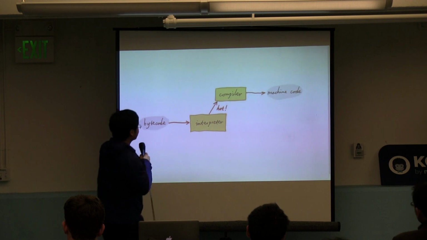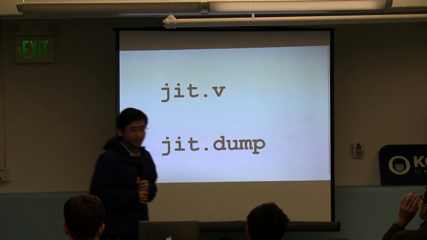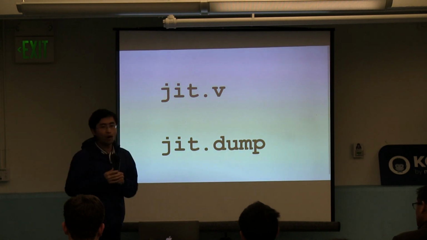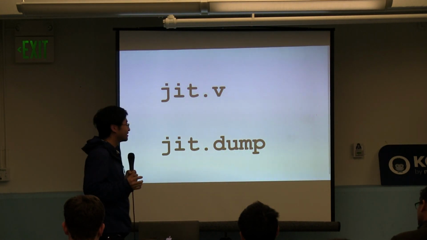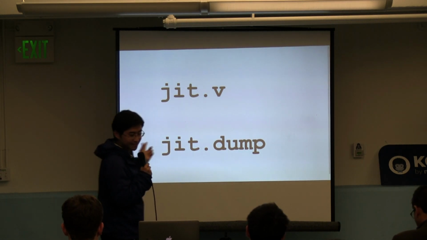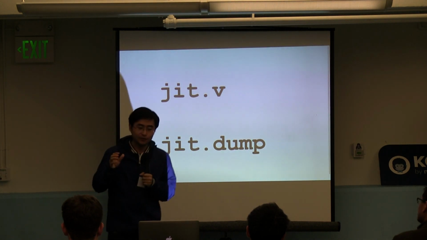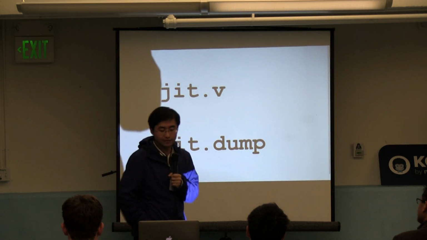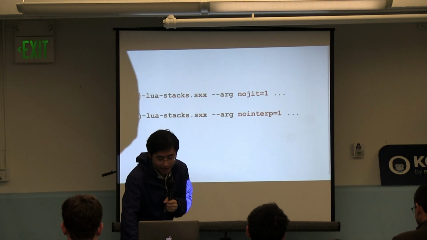The input is a bytecode. So this is how LuaJIT works, essentially. And we really want to just-in-time compile as much Lua code as possible, right? So LuaJIT provides some standard libraries, jit.v and jit.dump, to help you analyze which part of your Lua code cannot be JIT compiled, and why.